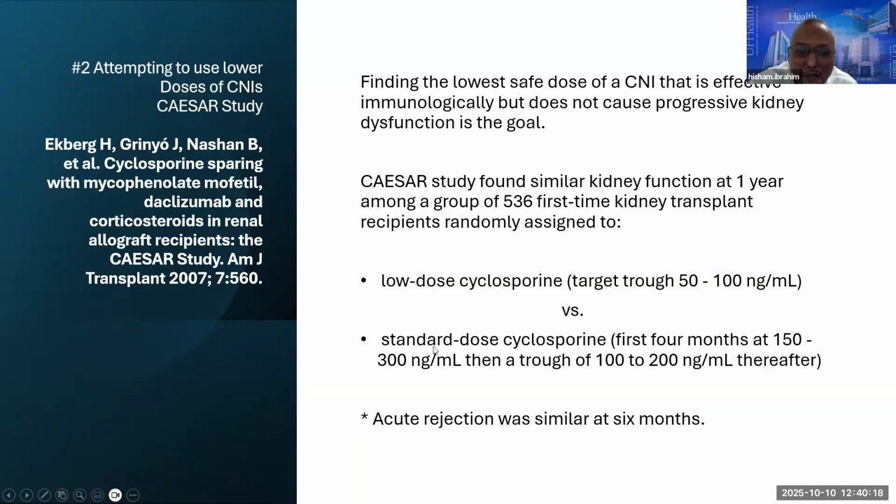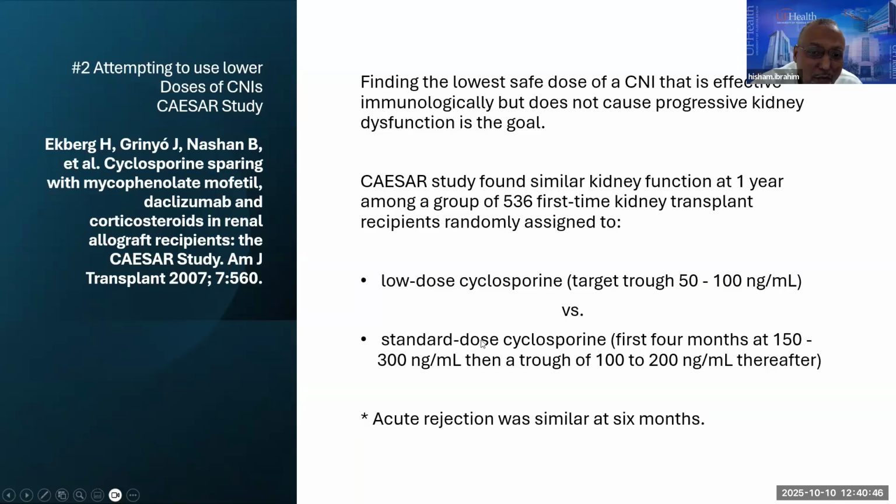So actually, our target trough in our hospital is about 100 to 150. I think 100 to 200 is actually still in our protocol, but I think many of us have already started going to the lower dose cyclosporine target based on this study.